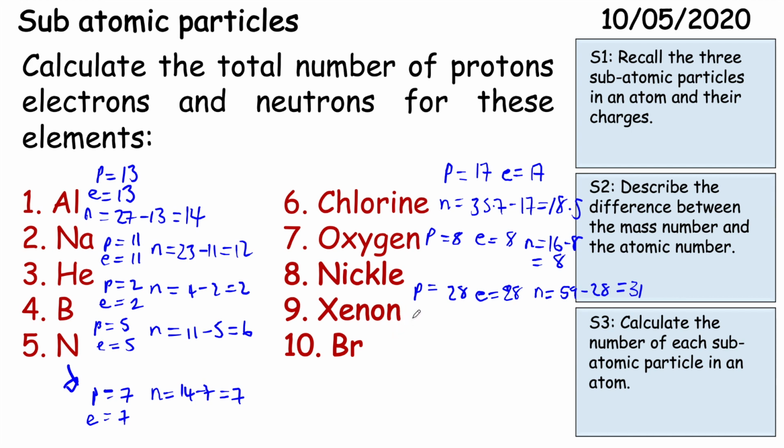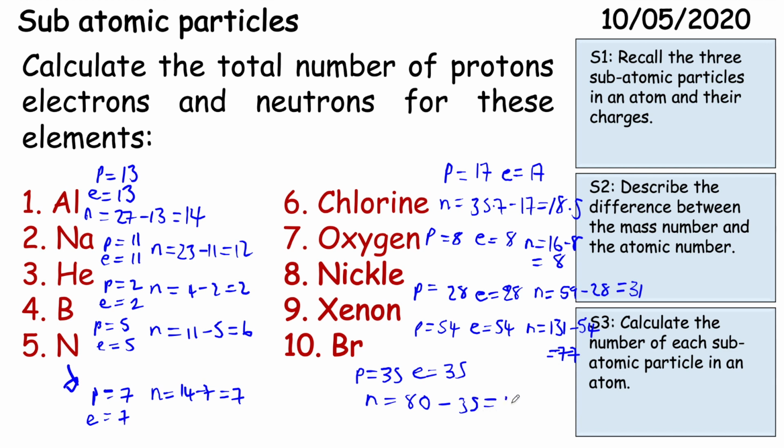Xenon, that's in group 0 of the periodic table, and that has 54 protons, 54 electrons, and its neutrons are 131 minus 54, which equals 77. Final one, bromine in group 7. Protons equals 35, electrons also equals 35, and neutrons, that would be 80 minus 35, which equals 45.